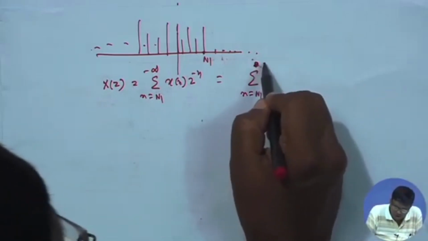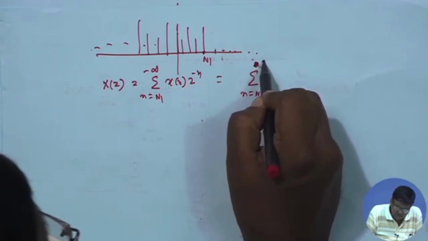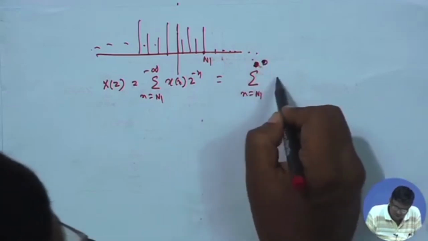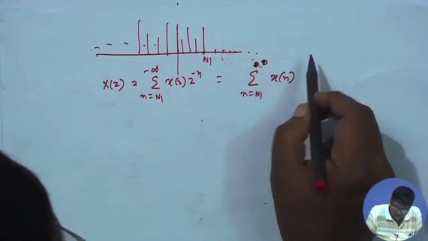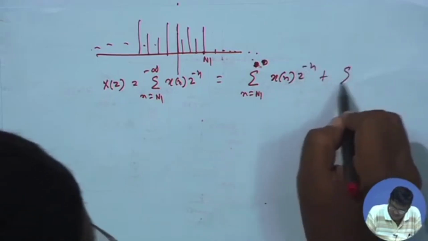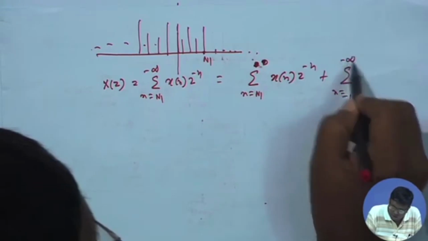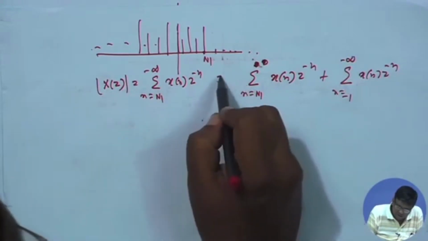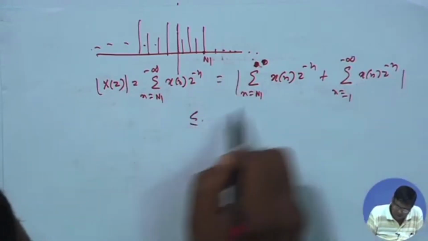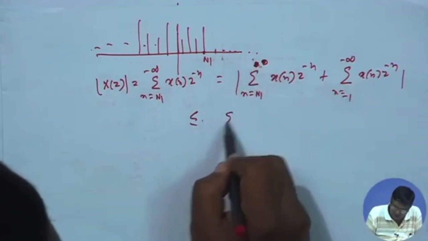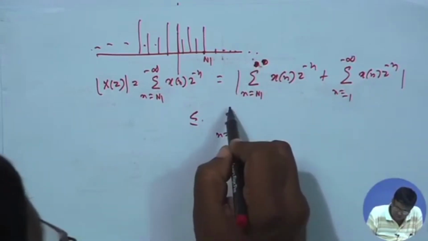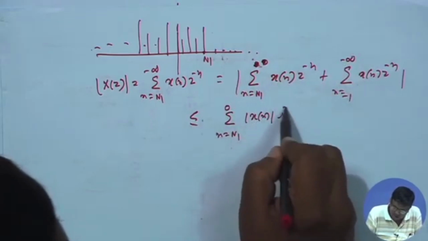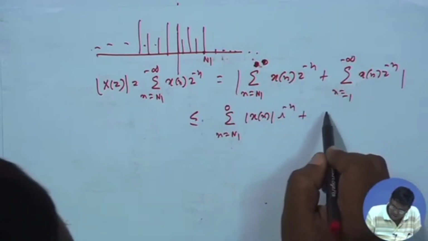You can either take up to 0 or maybe 1, or maybe 0, okay, 0 will be better, and then n from minus 1 to minus infinity. So therefore, mod of X(z) will be this, which is less than or equal to mod of this plus mod of this, again less than or equal to, mod of a summation is less than or equal to the summation of mod of this and r to the power minus n, and again here the same way.